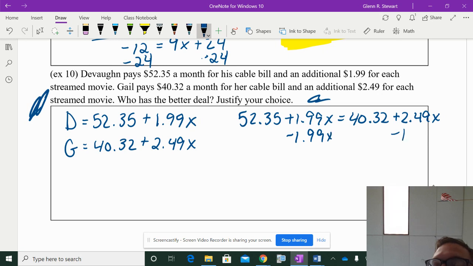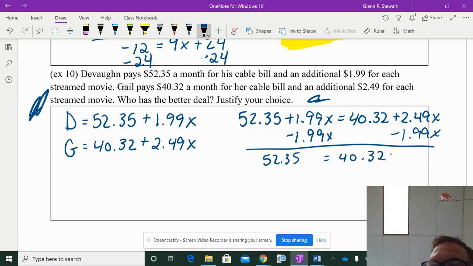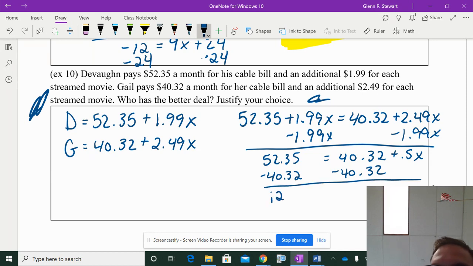1.99x. So I'm going to have 52.35 equals 40.32 plus 0.5x. So I'm going to subtract 40.32. $12.03 is equal to 0.5x.